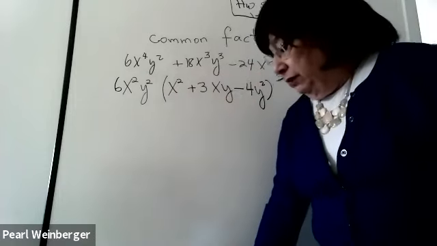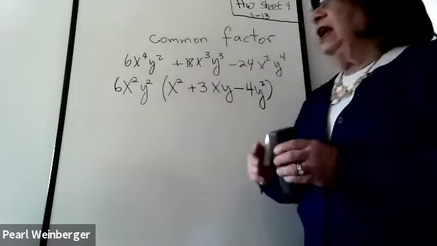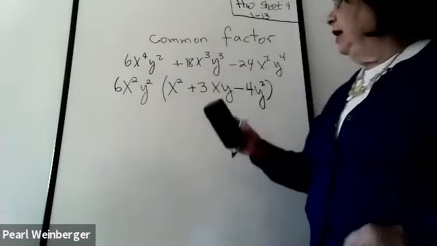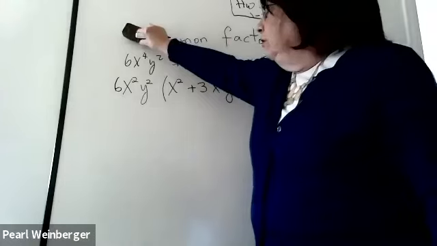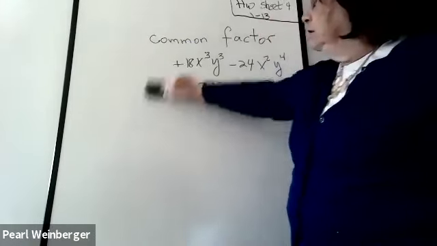We have a few more minutes, so I can talk about something called a common binomial factor. You can even have a common binomial factor. Look at something like this.